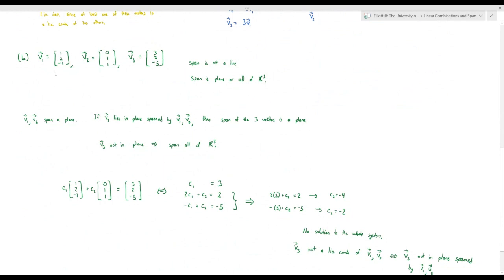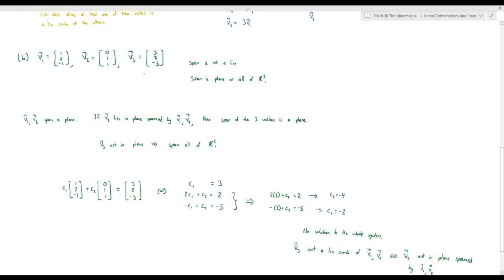As for this example with these three vectors, are these three vectors linearly independent or are they linearly dependent? We saw in the end that these three vectors end up spanning all of R3. Because they span all of R3, the idea is that none of them are going to be linear combinations of the other ones.